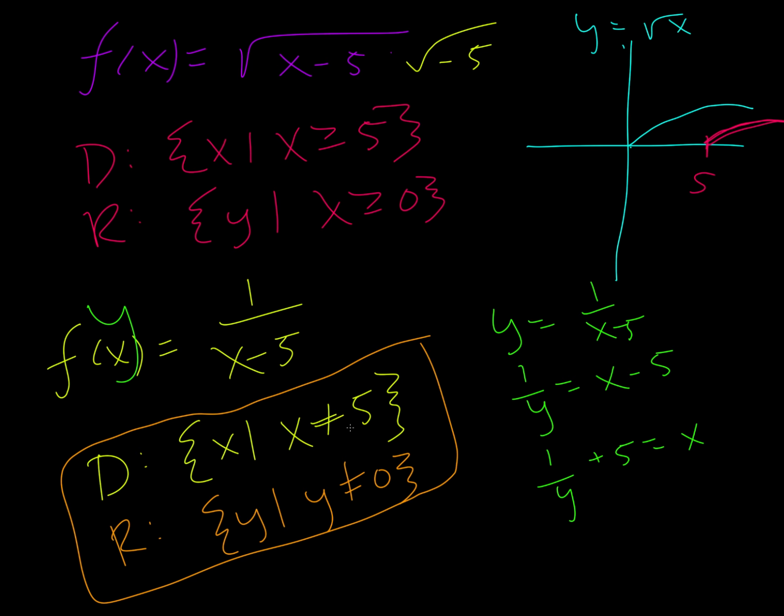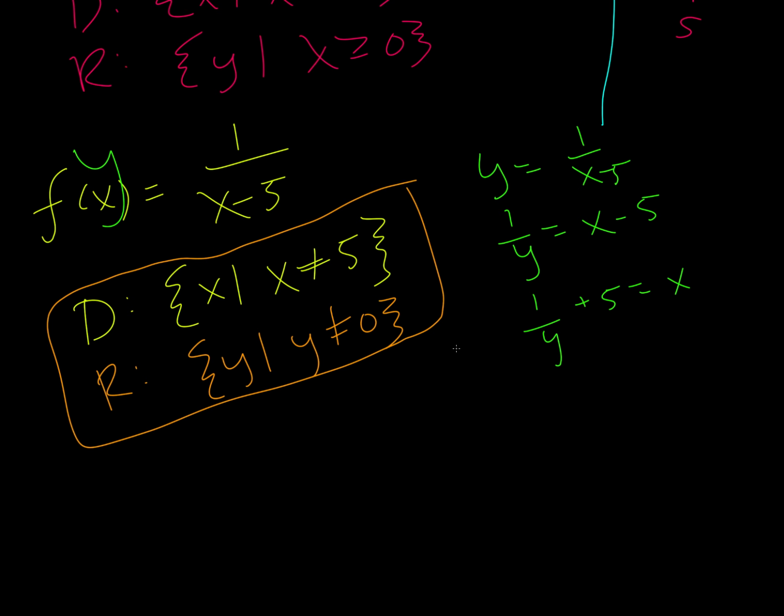Okay. Also, if you look at the graph, you're going to see asymptotes. So it's going to look something kind of like this. You're going to see asymptotes at these two places. So at x equals 5, we're going to see an asymptote. Then we're also going to see a horizontal asymptote right there.